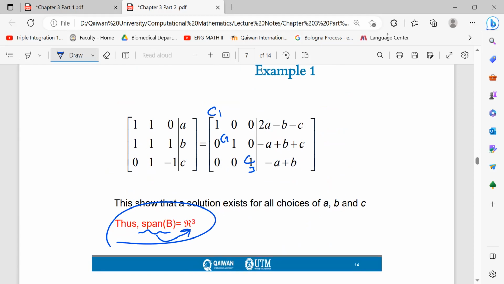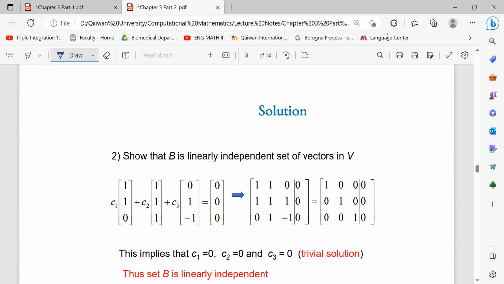We need to show that these three vectors are linearly independent. To show that some vectors are linearly independent, we say C1 times the first vector plus C2 times the second vector plus C3 times the third vector must be 0, 0, 0. In this case, we must get 0 for all C's. C1 must be 0, C2 must be 0, and C3 must be 0.